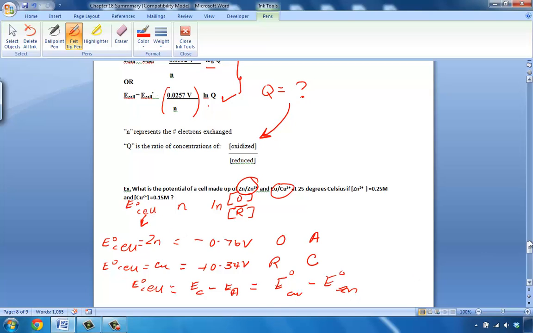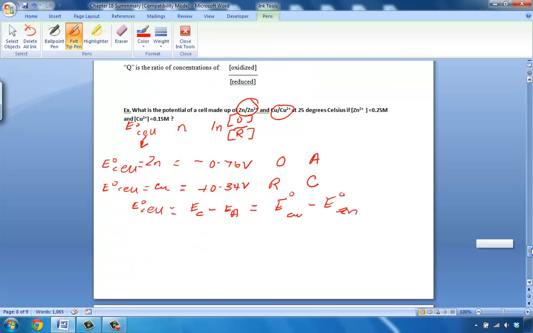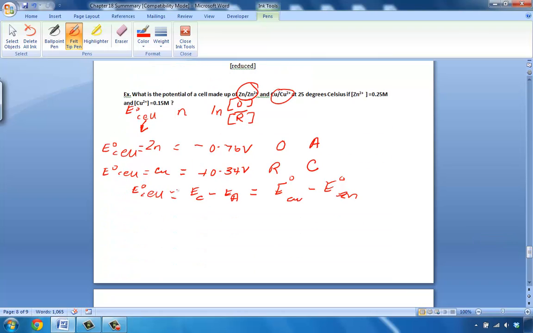So now we can plug in the respective values for copper and zinc. E naught of the cell equals the E of copper minus E of the zinc. That relates directly to cathode and anode.